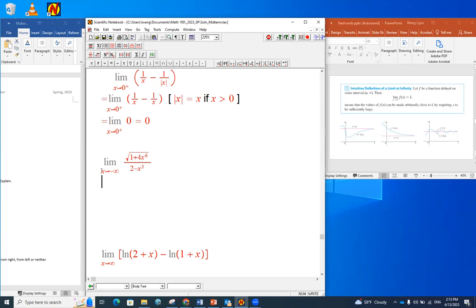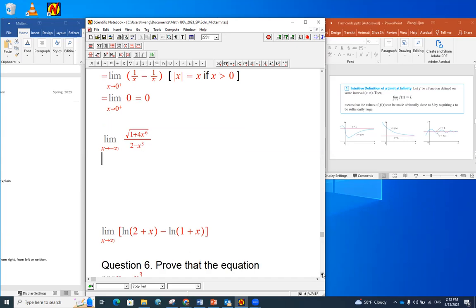But the question we have here is that we have a square root and we have x raised to the power 3. So when x is approaching negative infinity, we can assume x is going to be in an interval, right? So we can choose x to be so negatively large, okay?